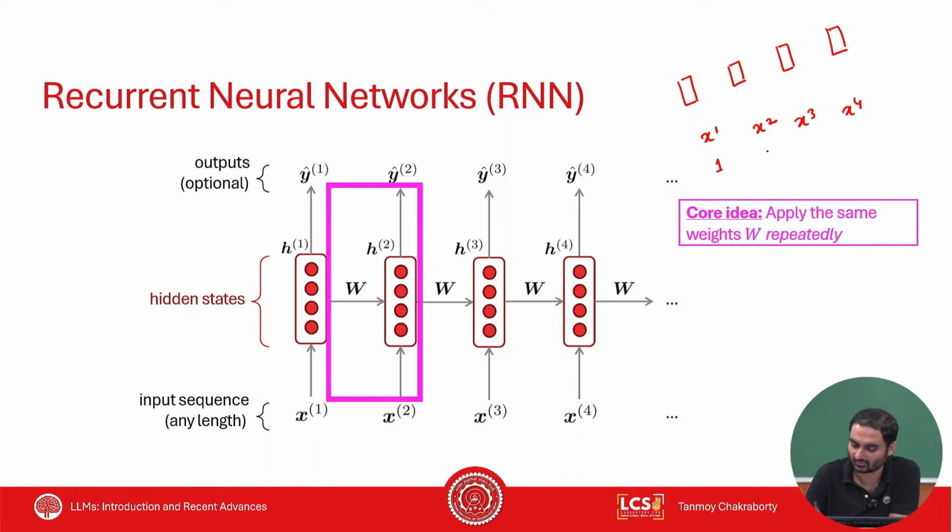So it is position 1, position 2, position 3, position 4. You can also think of these positions as times. Time 1, time 2, time 3, time 4. And this is hidden state 1, hidden state 2, hidden state 3, hidden state 4. And let's say there is a dummy hidden state H0.